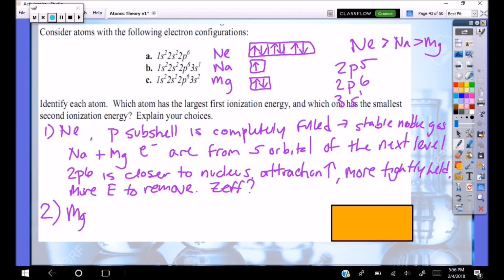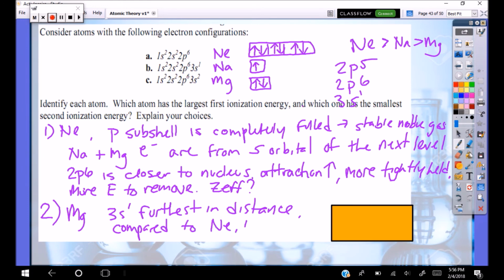And we know that it is furthest in distance. So 3s1 is furthest in distance. Therefore, and we always want to compare it, right? Furthest in distance compared to sodium and neon, right?